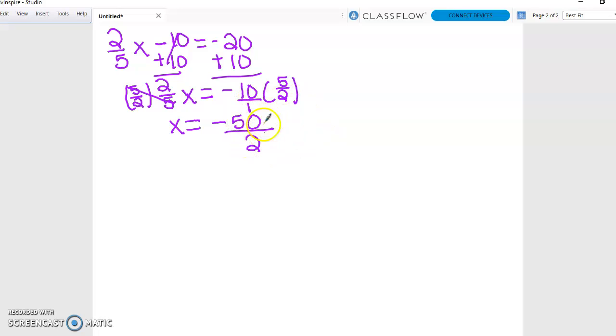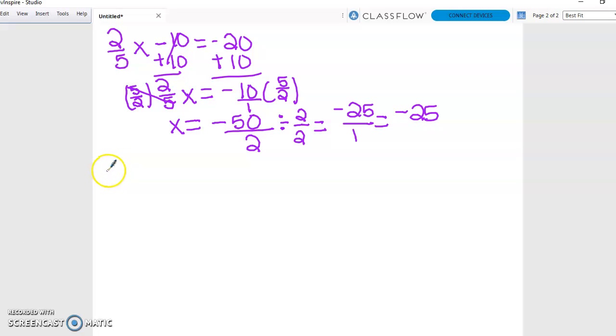And now, can this be simplified? Indeed it can. And we're going to divide by 2, which gives us a negative 25 over 1, or just negative 25, right?